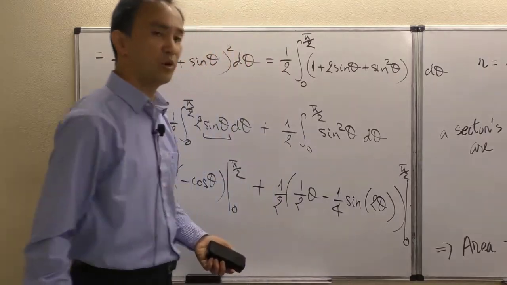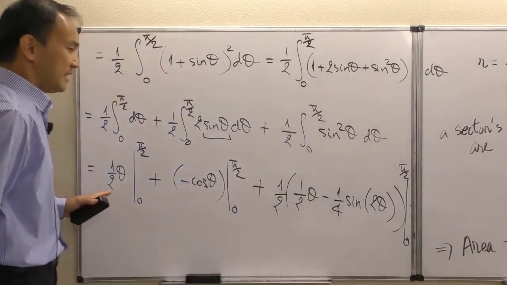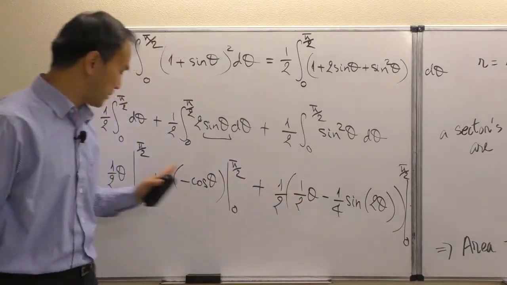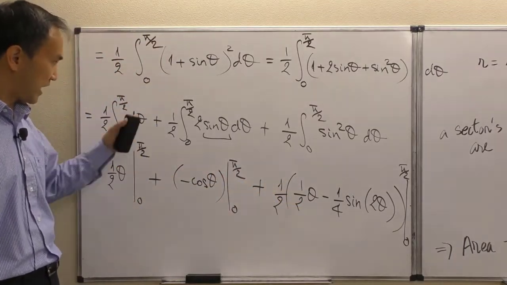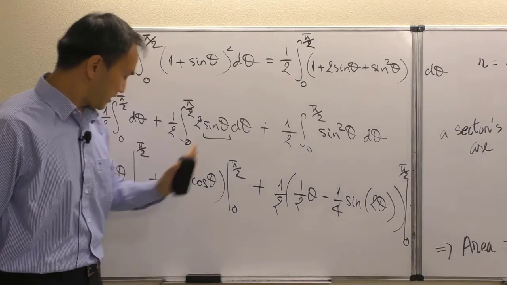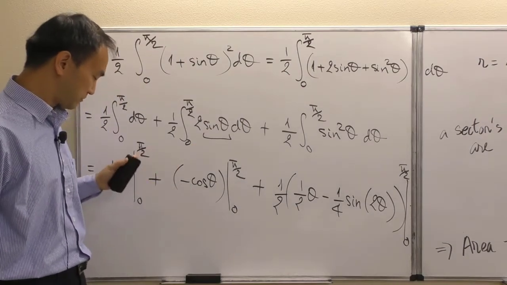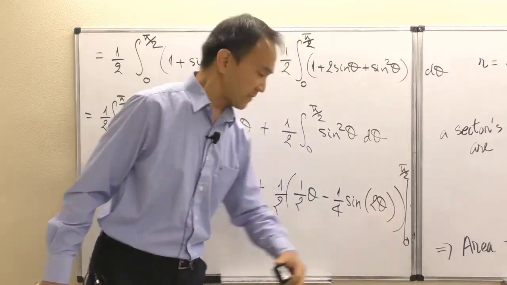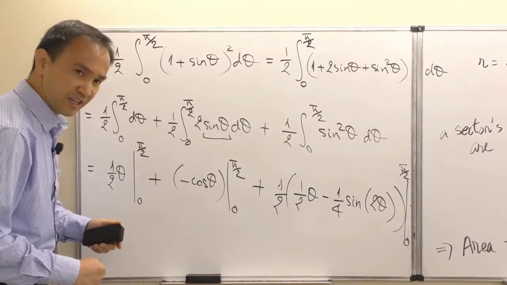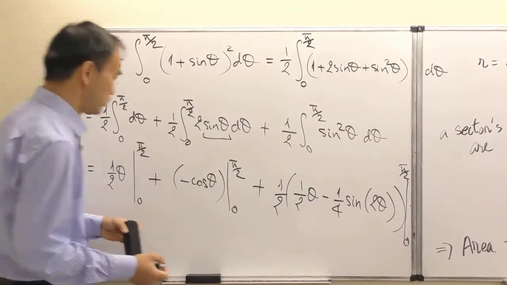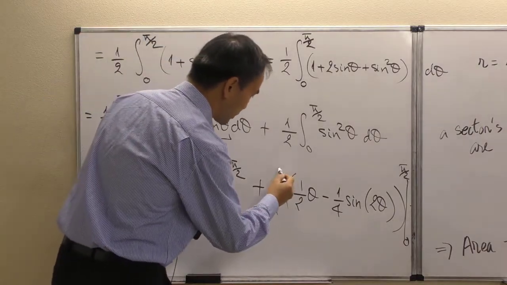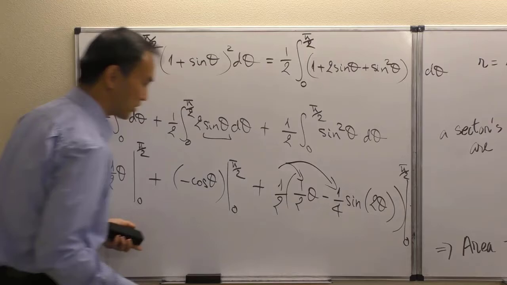Okay, but now we are ready for evaluating. Notice, even though I broke it down into 3 separate integrals, in the end they are just one integral at the start, and 3 separate terms, but they are still over that same integration interval. So allow me to regroup them again so that we can see a little bit better. And then, by the way, I could have also distributed that 1/2 factor.